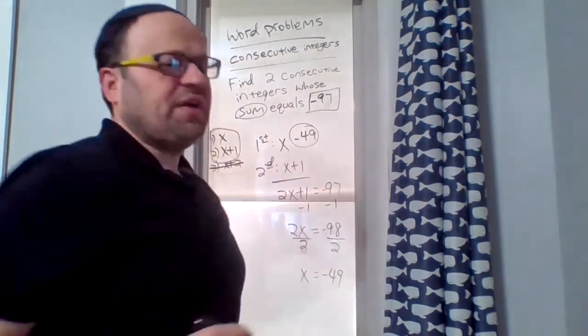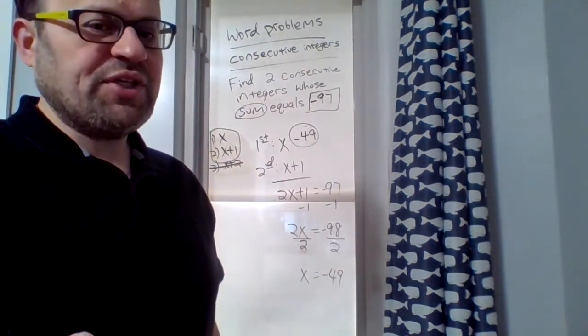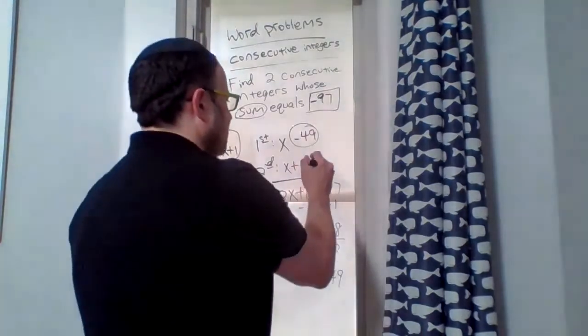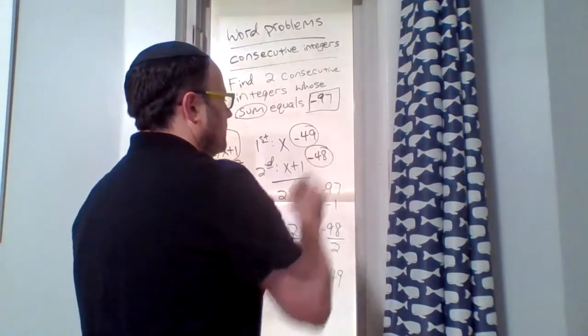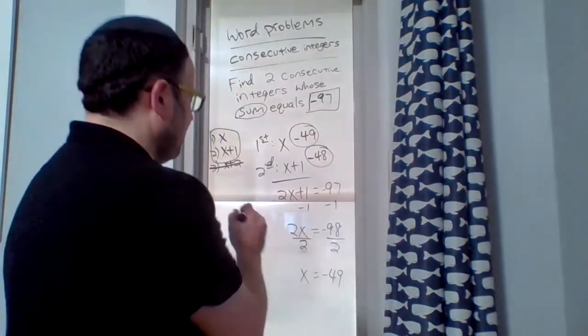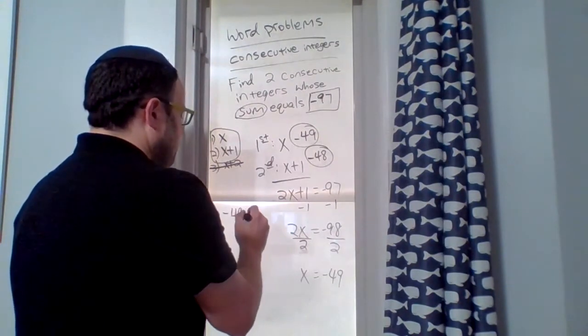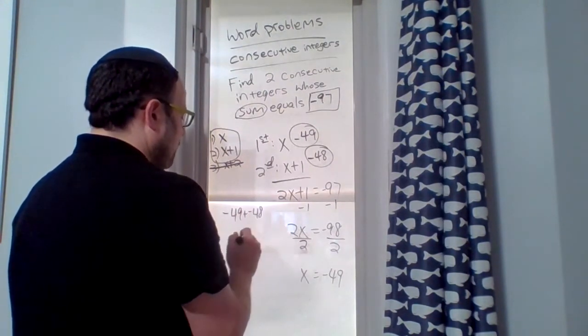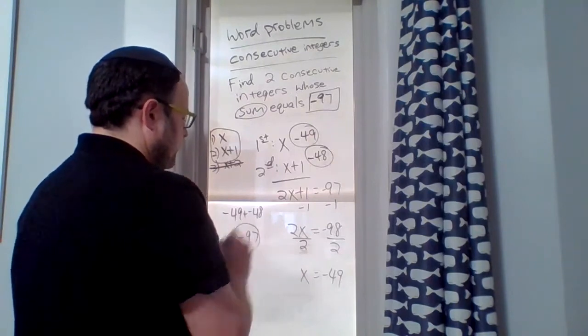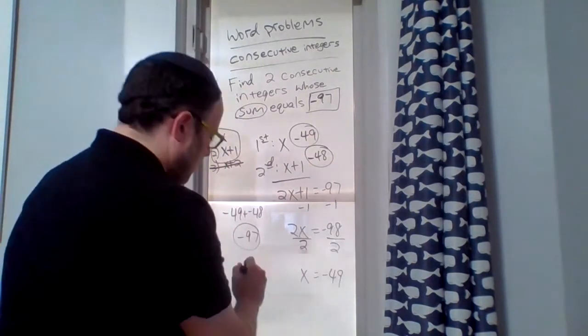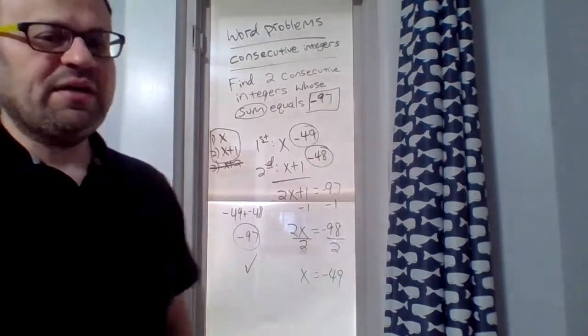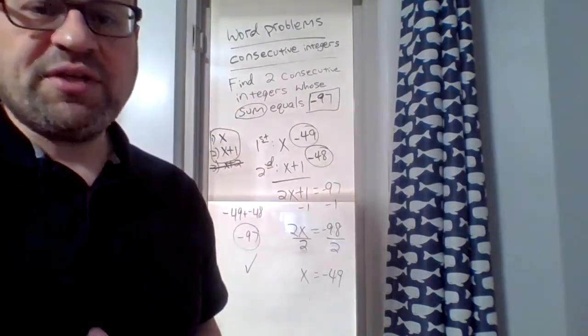So what's negative 49 plus 1? Remember your addition and subtraction with negative integers. Negative 48. And what's negative 49 plus negative 48? Negative 97.